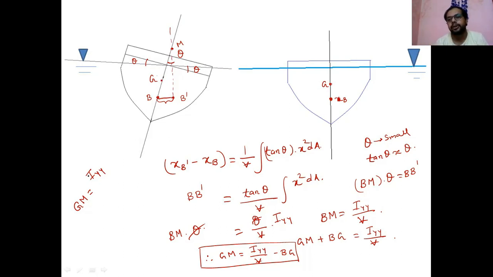About which axis is the rotation? The tilting we are giving is about the axis perpendicular to the plane, that is nothing but the y-axis.